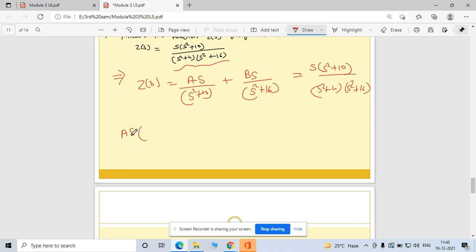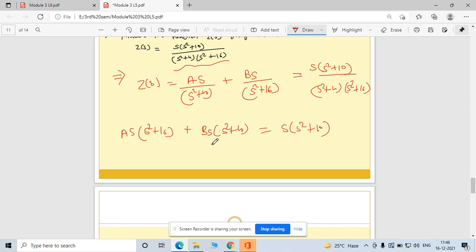When you multiply this denominator, the term on the numerator side is s square plus 16. Same way, you multiply the second factor, so you will get s square plus 4 here, b s. The third one is only the numerator term present on the right hand side, right?